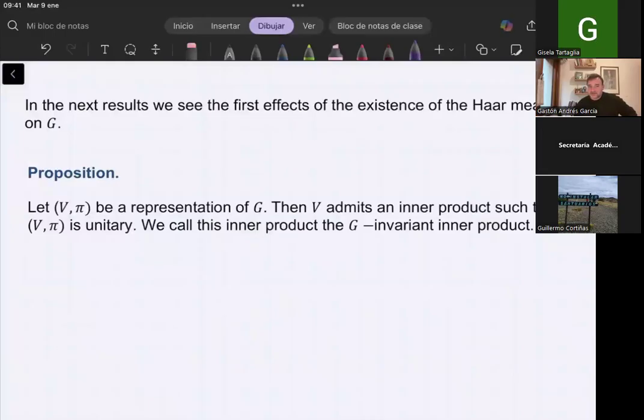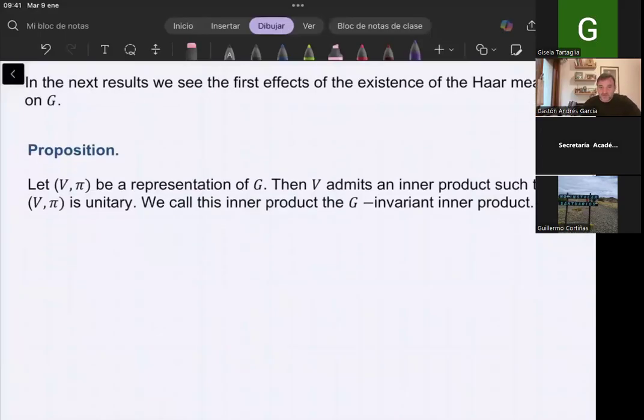We can endow any vector space with an inner product such that the representation is unitary. How do we do that? We use the Haar measure. This is very specific for compact groups or finite groups. Finite groups are compact, so we have the Haar measure. It's not true for things that are not compact.